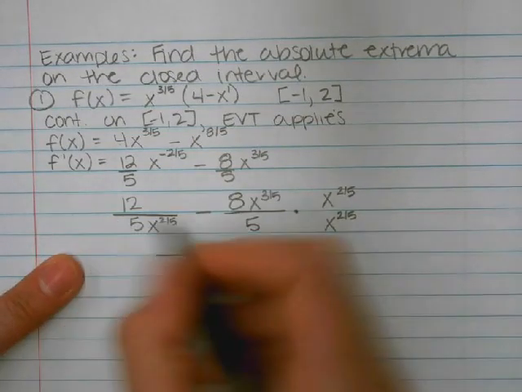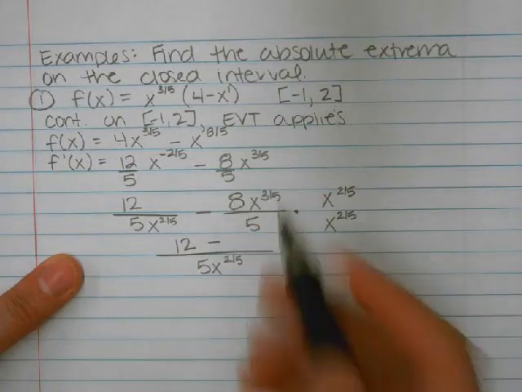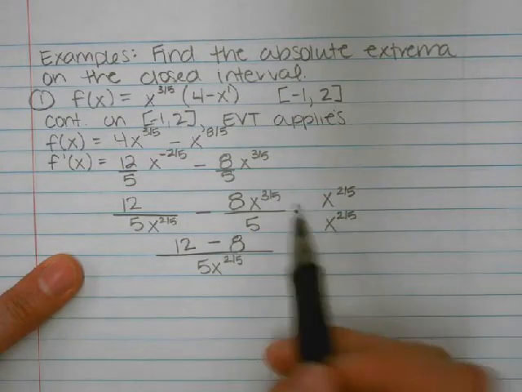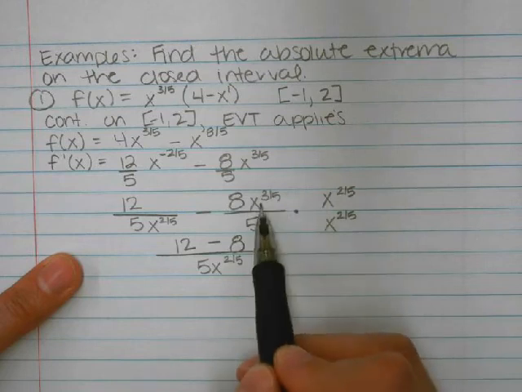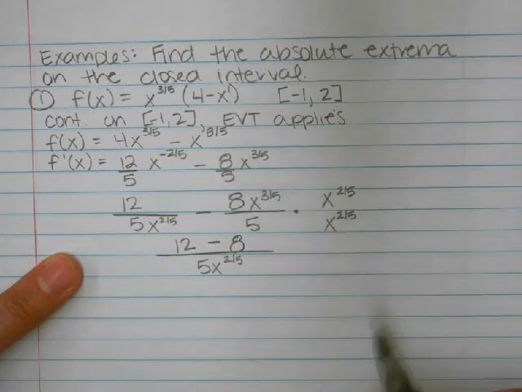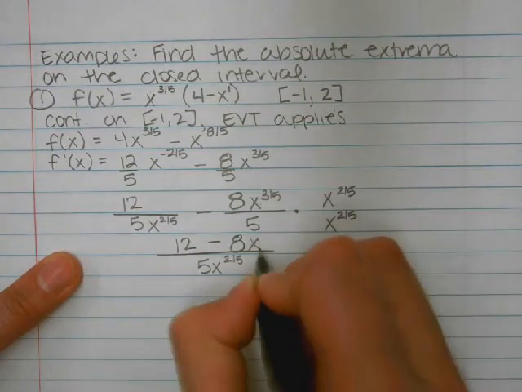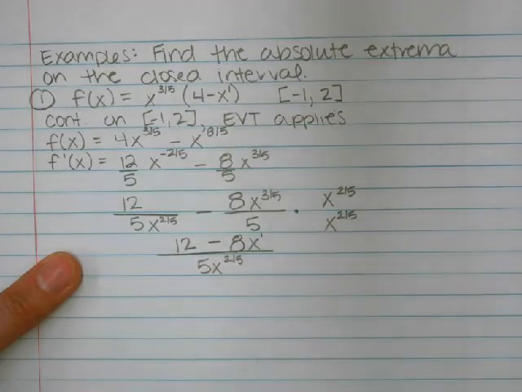For the numerator, this one stayed 12, nothing happened to it. Over here, the 8 stays, and if I look at my exponents, I have x to the 3/5 and x to the 2/5. To do that, I would add my exponents together. So 3/5 plus 2/5 is 5/5, and that's just x to the 1 power.